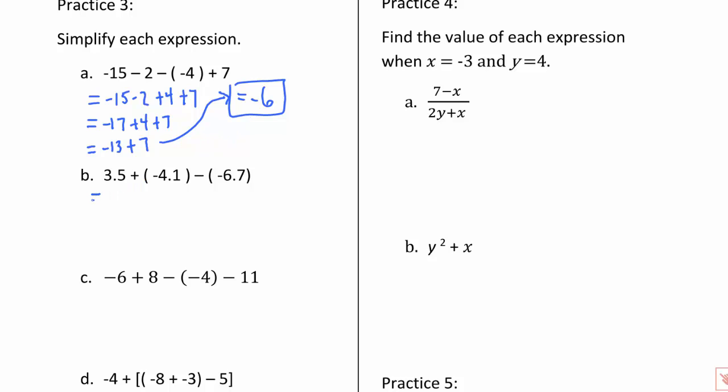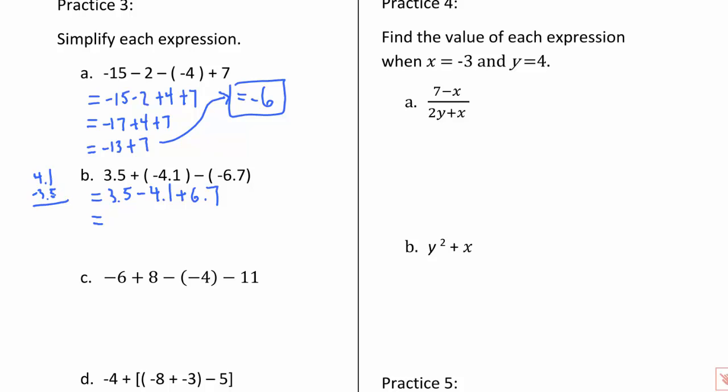B. Plus a negative, if you want to think of it like that, that's fine. But I'll just like to do this. 3.5 minus 4.1, and then two negatives here make a positive 6.7. So 3.5 minus 4.1. Well, because they're opposite signs, we need to do the largest minus smallest in absolute value.